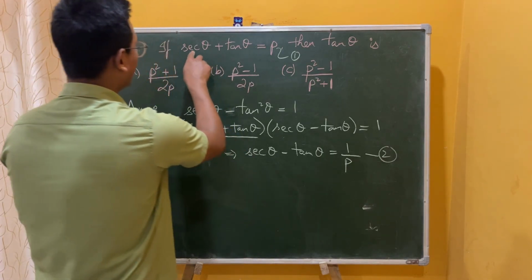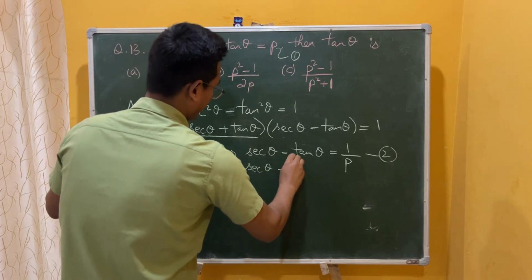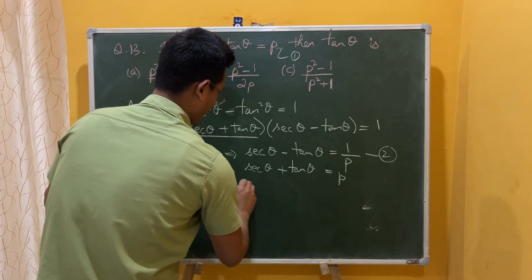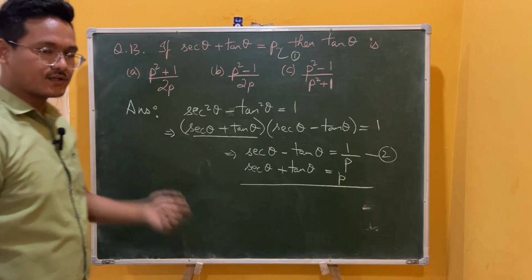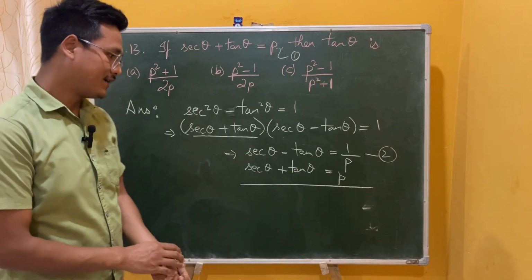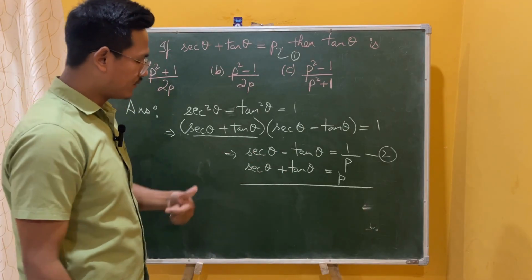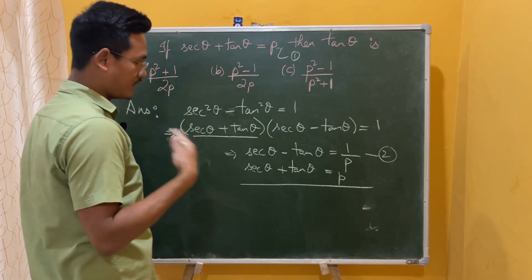So I'm writing this right below this one. It's like a linear equation in two variables. First one is sec theta, another one is tan theta. So if I directly add them, then my tan is going to get cancelled, which I don't want, because tan is something I wanted.